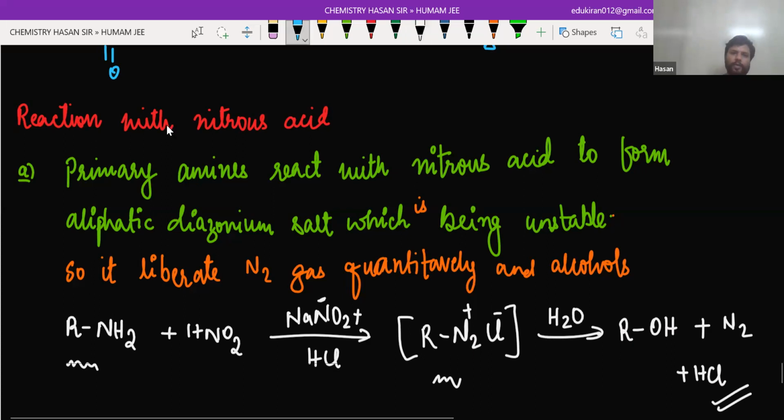So this is how it takes place in primary amines. In aromatic amines, what happens due to resonance, it is stable, so the next step does not take place. And secondary and tertiary react in a different manner. Very simple it is.